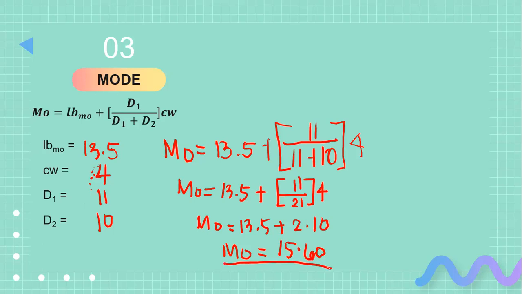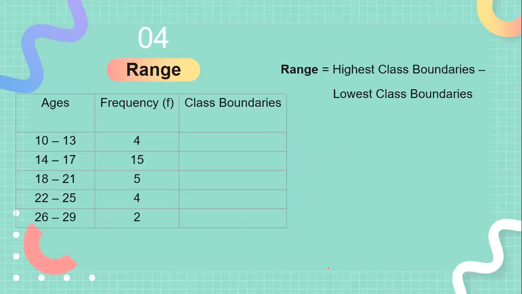Okay, now let's proceed to our range. So first is getting the class boundaries. For the left side of our data, we subtract 0.05. For the right side of our data, we add 0.5 or 0.05.